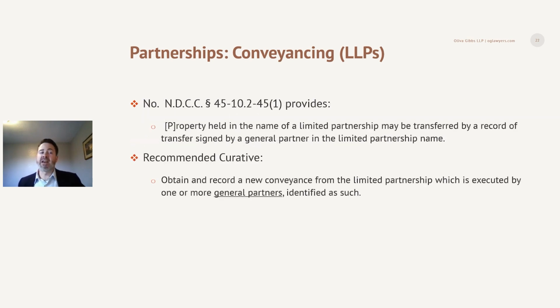The answer again is no. Section 45-10-2 notes that despite properly identifying himself as a limited partner, only a general partner may sign on behalf of the limited liability partnership. Therefore, John will need to go to the general partner, Todd Smith, and ask his general partner, Todd, to execute and record a new conveyance from the partnership.